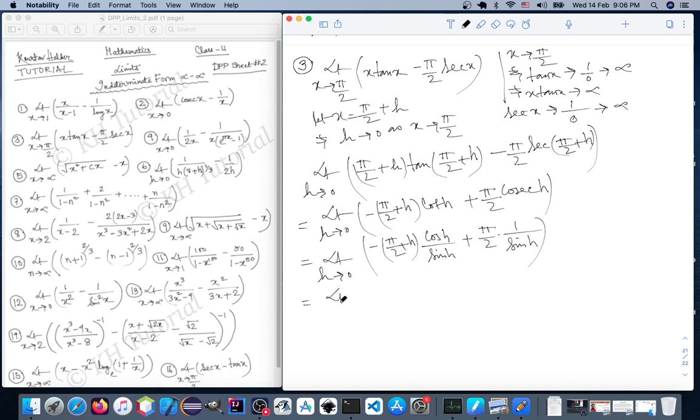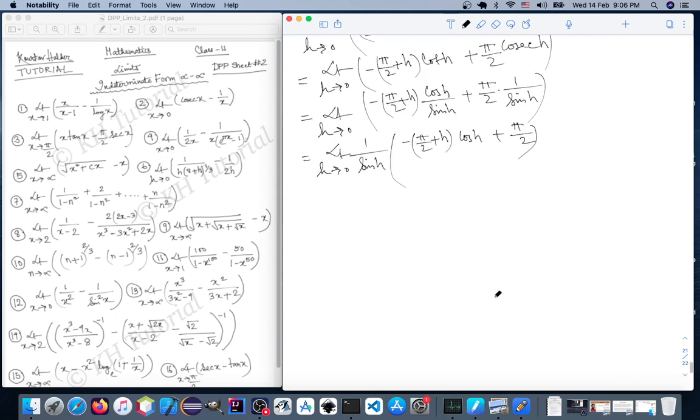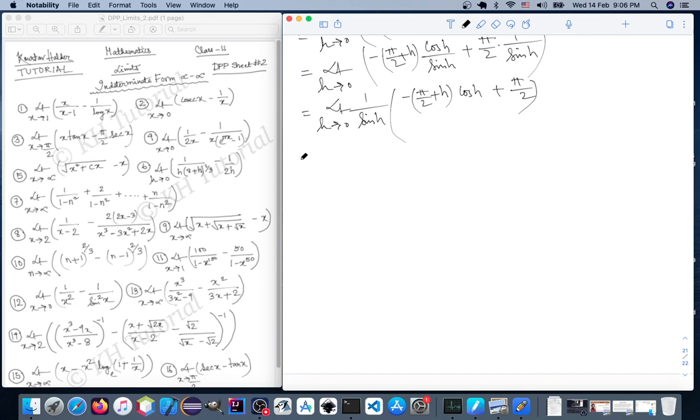Let's bring the sign out common, and we are left with minus pi by 2 plus h cos h plus pi by 2. This becomes, as h tends to 0, 1 by sin h.